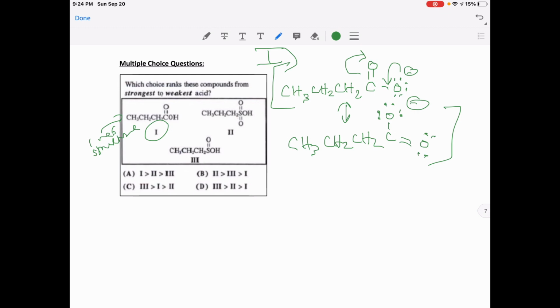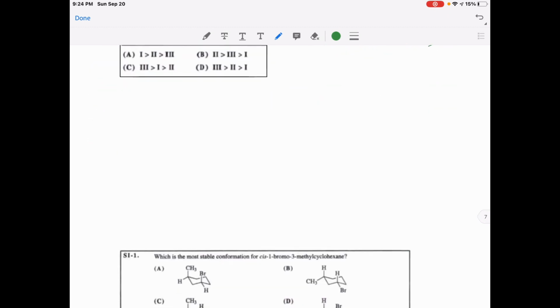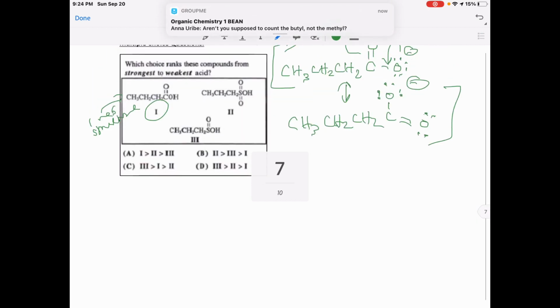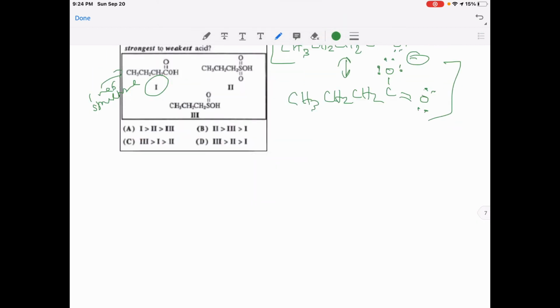So moving this down a little bit so I can have a little bit more space. So we get a very similar molecule, but in this case there is a sulfur atom in place of the carbonyl carbon.